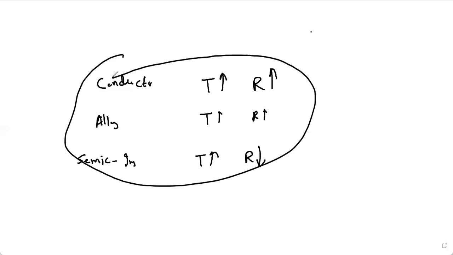The rest I will share in a PDF if you can't write. Just note this thing, that's important. This you should remember. For a conductor, on increasing temperature, resistance increases. For an alloy, on increasing temperature, resistance increases. And for an insulator, resistance decreases.